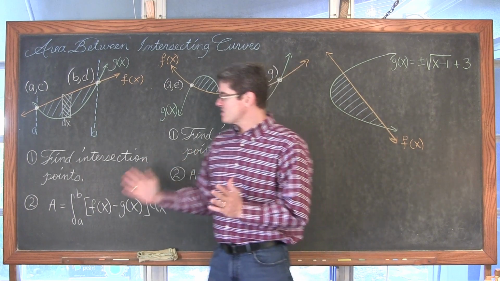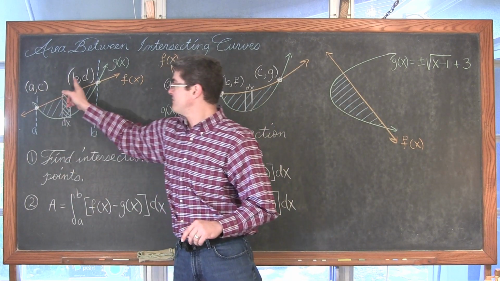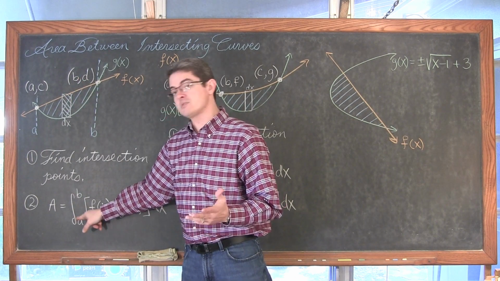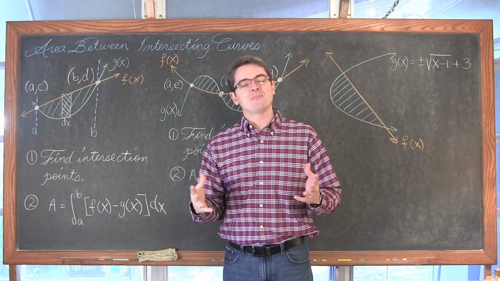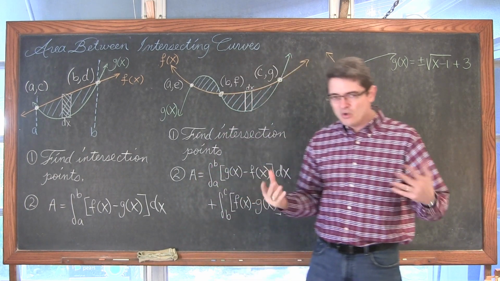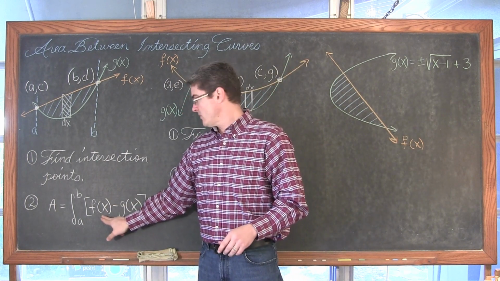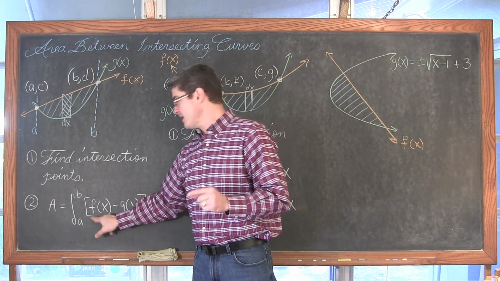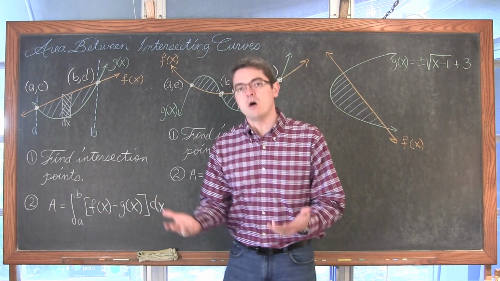Now, let me just talk a little bit here about why the x values of my two intersection points are defining the lower and upper limits of my definite integral, because that's not always going to be the case. Usually, but not always. If you look at this notation, we're taking an x in and plugging it into function f and finding, well, if it's f of x, we're finding a y.